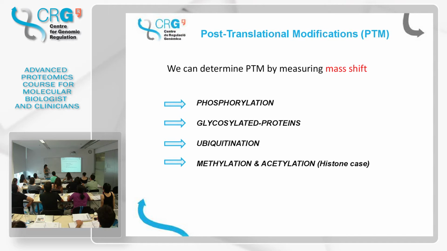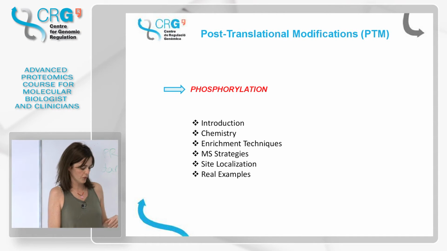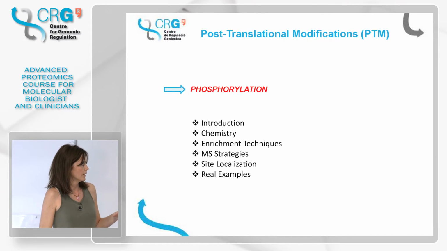So we are going to start with phosphorylation because it's one of the most widely studied and it has a lot of interest in the community. This is more or less the organization that we're going to do for each one of these modifications.